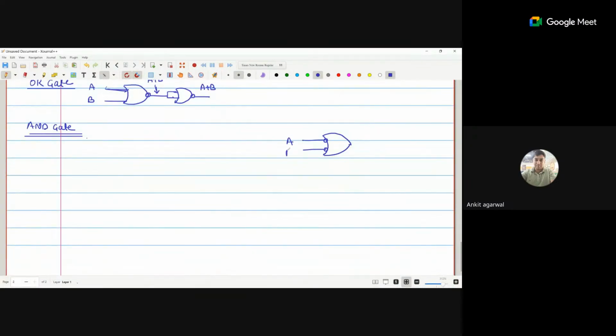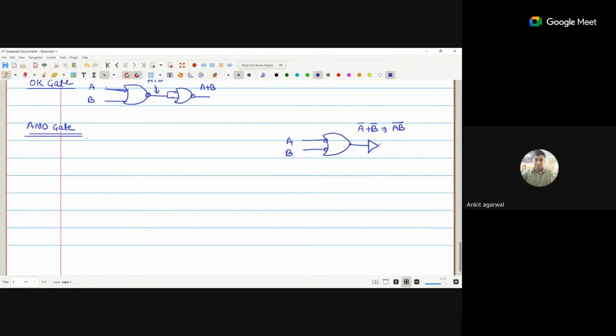If A and B are the inputs, we are getting A bar plus B bar, that is equal to AB bar.